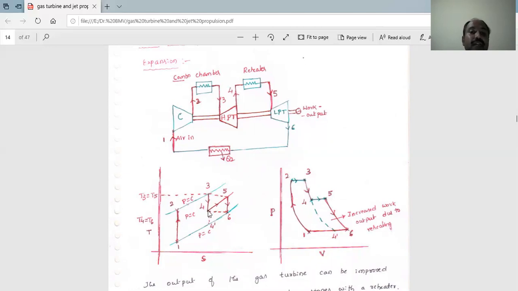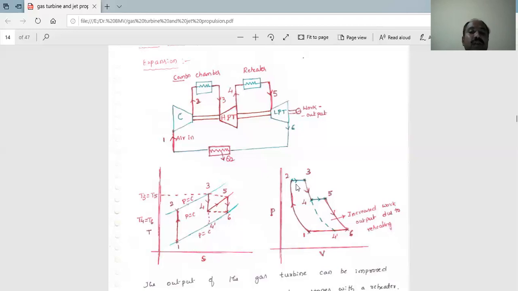Once again, the exhaust gas leaving the high pressure turbine is heated up to point 5, which means T3 is equal to T5. Then the expansion process takes place from 5 to 6. Then 6 to 1, the cycle repeats when the heat rejection process takes place.